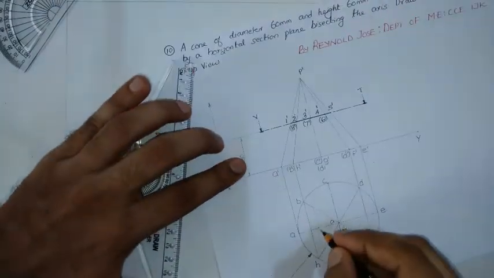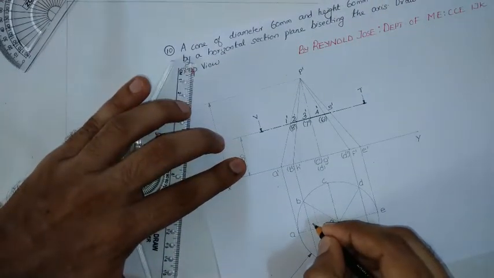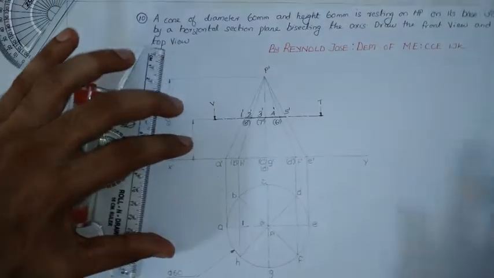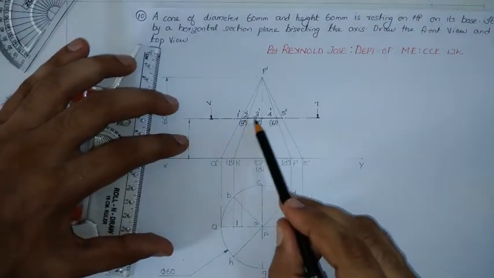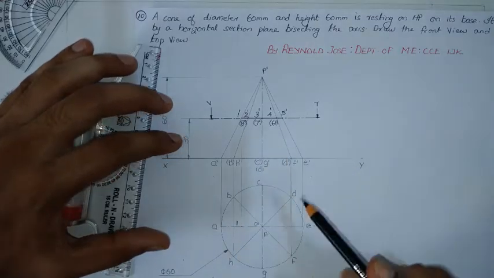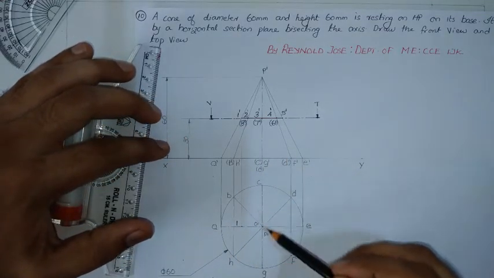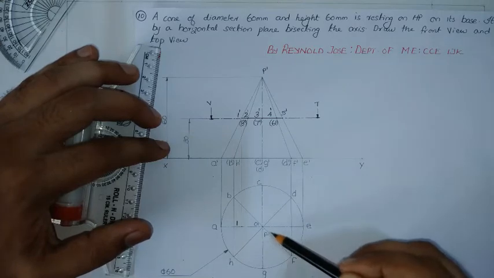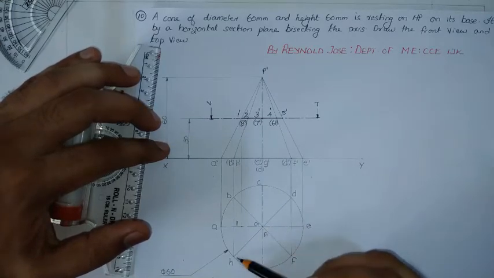So this will be point 1 in the top view. Now we have to transfer 2, 3, 4, 5, 6, 7 and 8 to the top view, which will be on generators PB, PC, PD, PE, PF, PG and PH.